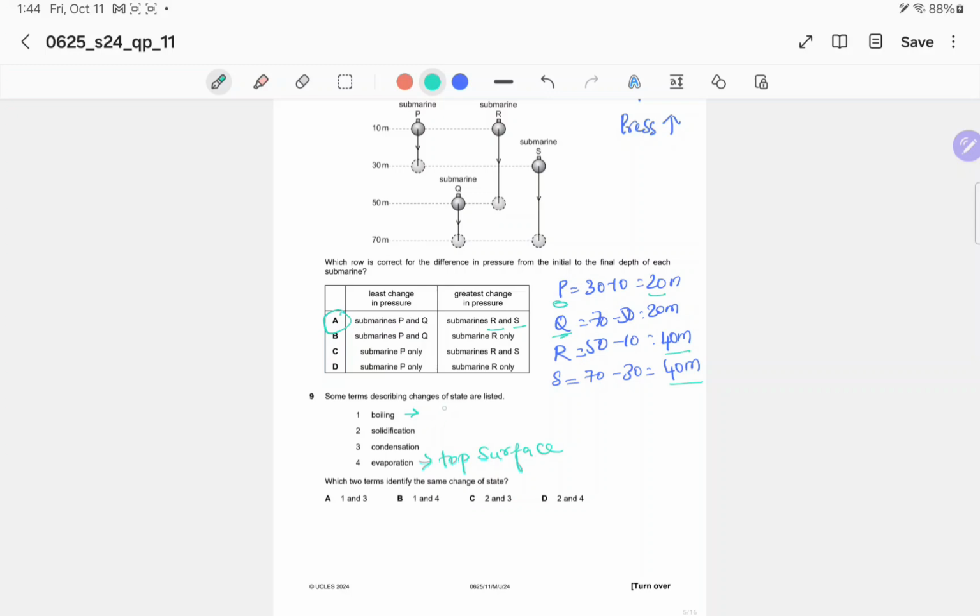In both cases the change of state is from liquid to gas. So it is 1 and 4.